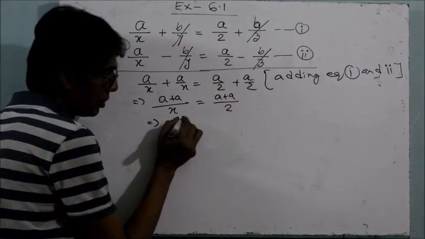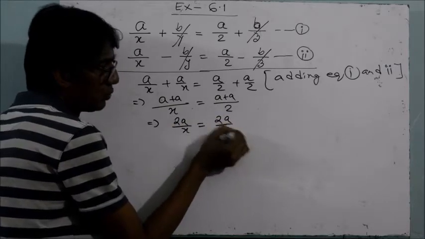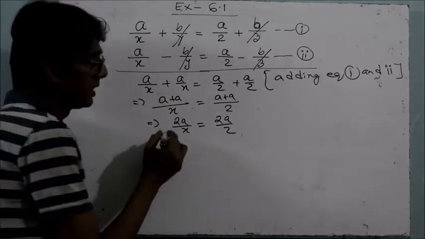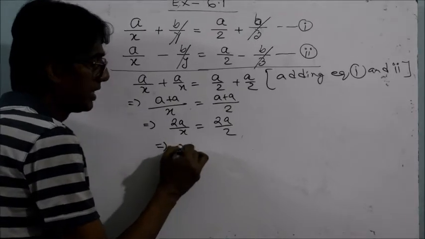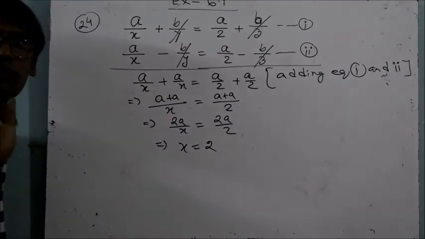Now twice a by x equals twice a by 2. The numerators are the same, therefore we can say x equals 2. So within two lines we solved the math.